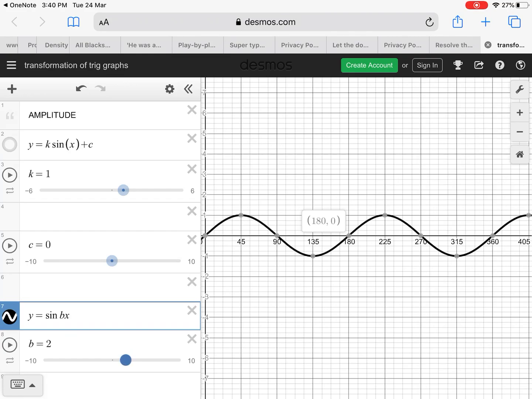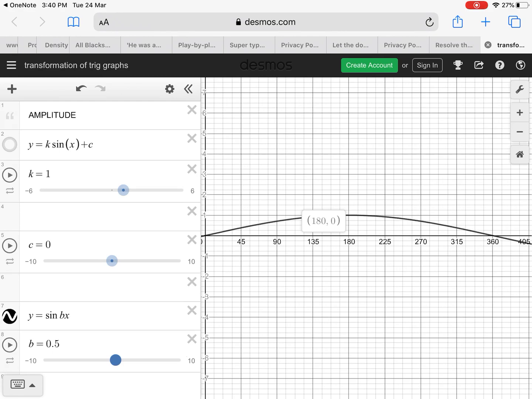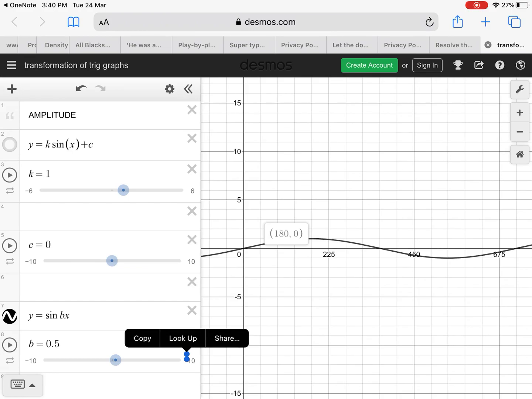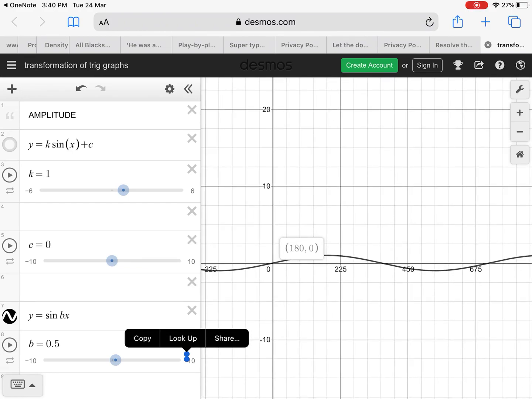Well, what if we do 0.5? Make b 0.5, like a half. What do you suppose? Let's see. Where does it finish? It keeps on going, and it seems to finish right about there. What's that? 720. So it starts at 0, goes all the way, max, min, back to 0 at 720.